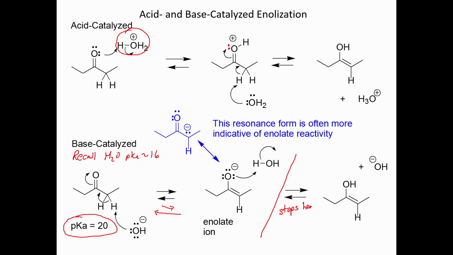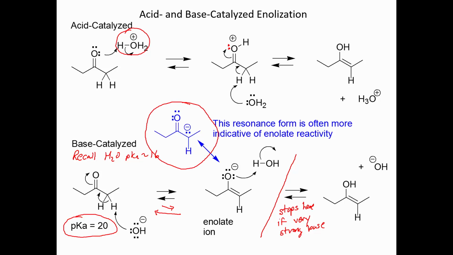It'll stop here. If we have a very strong base, okay? If we use a base much stronger than a hydroxide ion, we'll typically stop the reaction right there at the enolate phase.